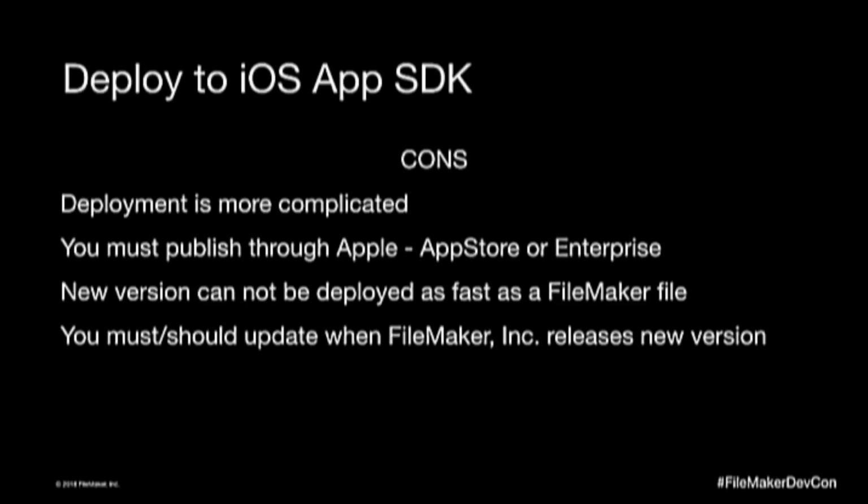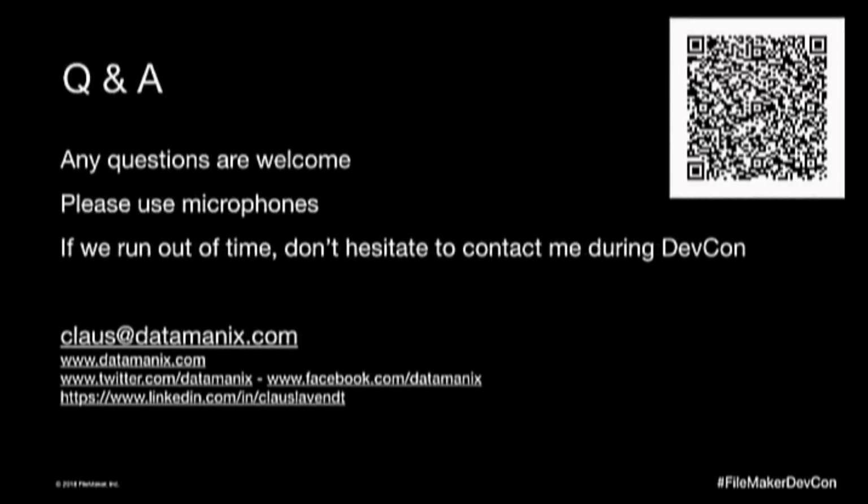And you should always update your iOS app whenever FileMaker releases a new version. And actually, you should also do it when they release a VREF update, which means that you're on their terms, on their cycle. Just because they release something, you should also release a new version of your app. If you release to FileMaker Go, well, if FileMaker Go gets updated, fine. It doesn't need to bother you.